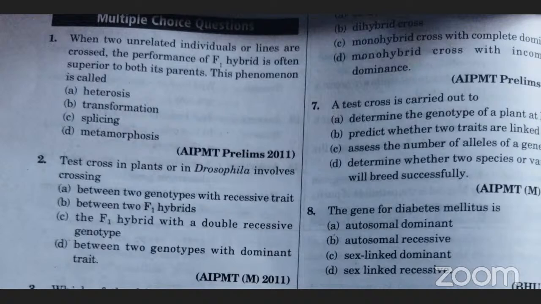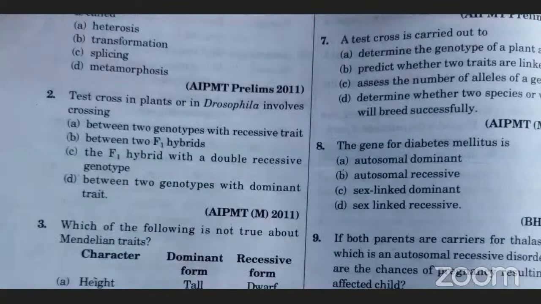Next question. A test cross in plants or Drosophila involves crossing. You know very well what a test cross is: the F1 generation is crossed with the recessive parent.